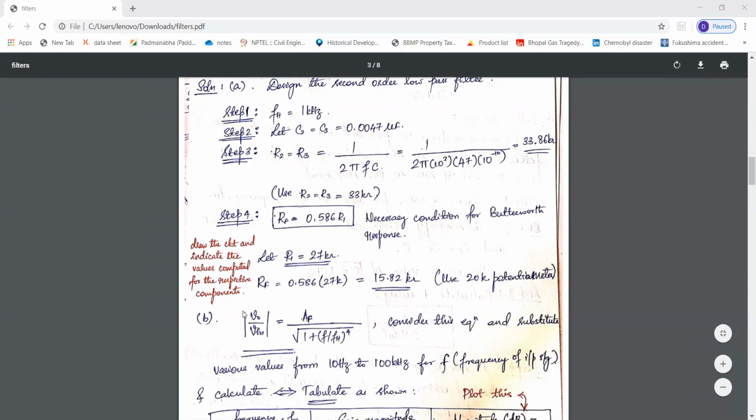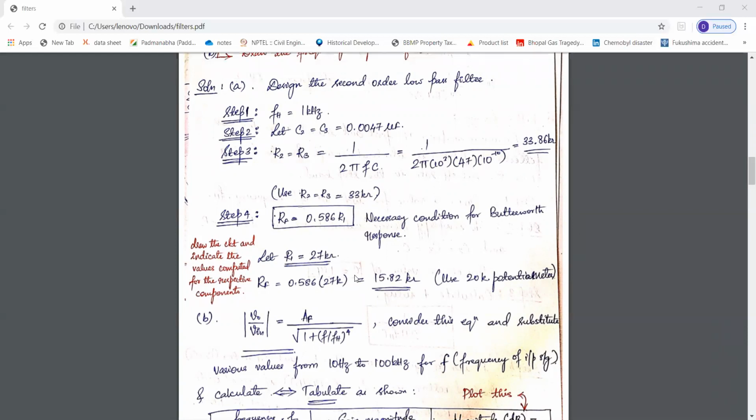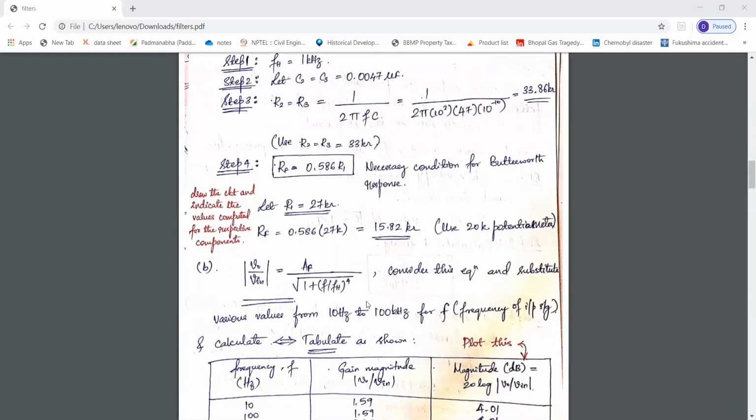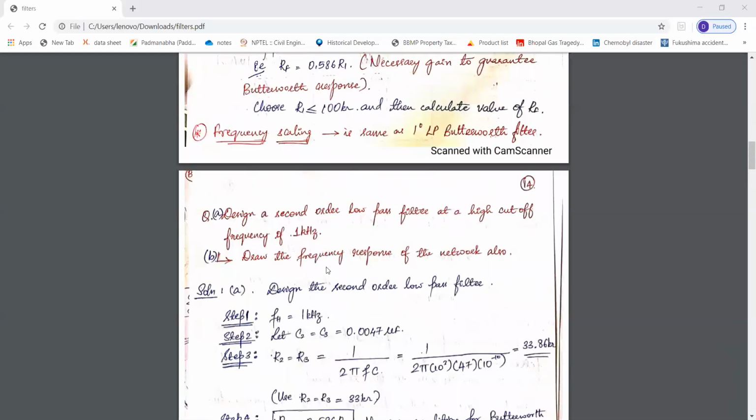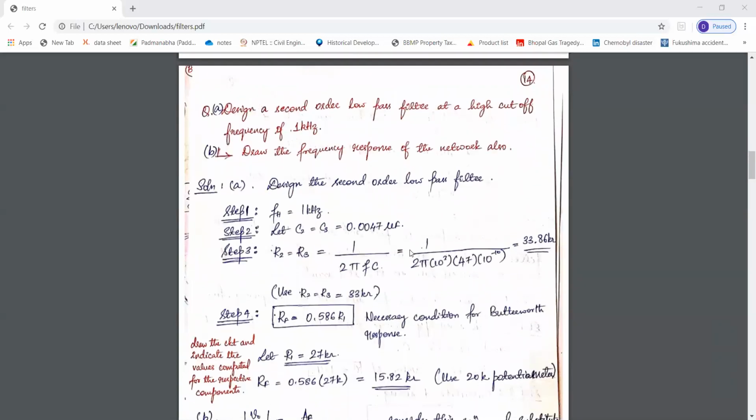After drawing, mention the values that you got in the circuit drawn against the respective parameters.